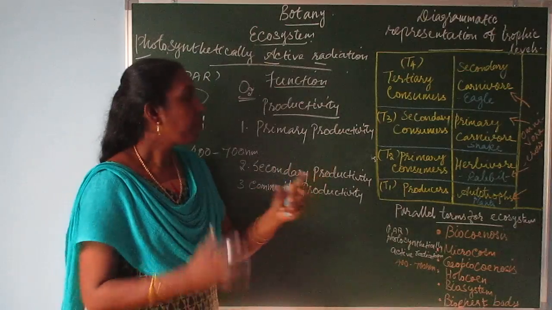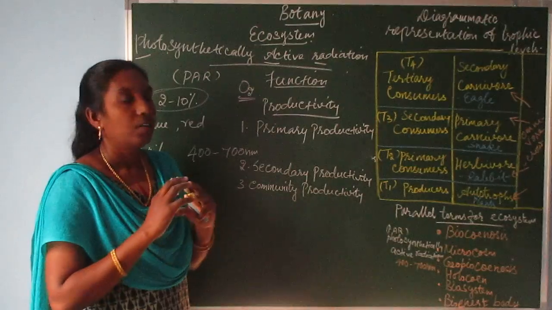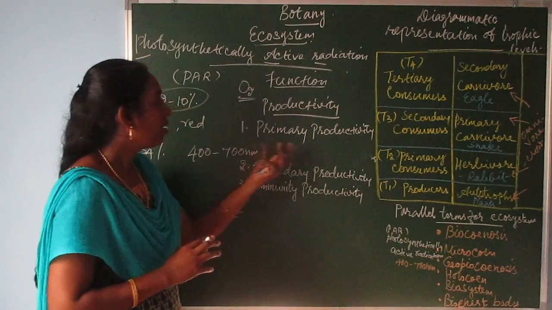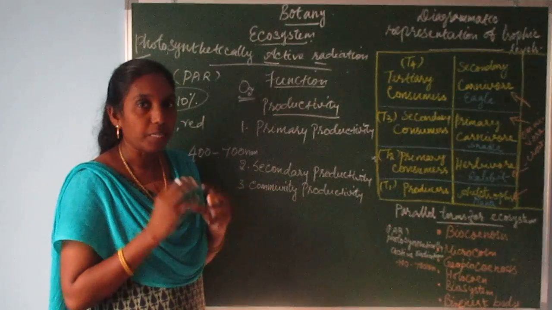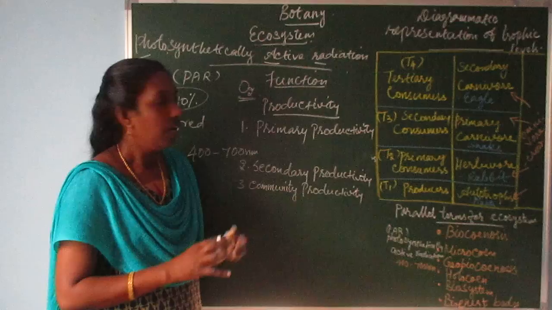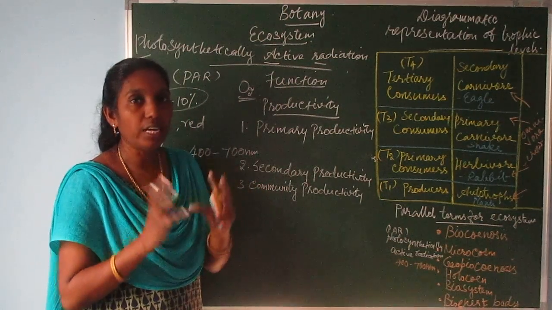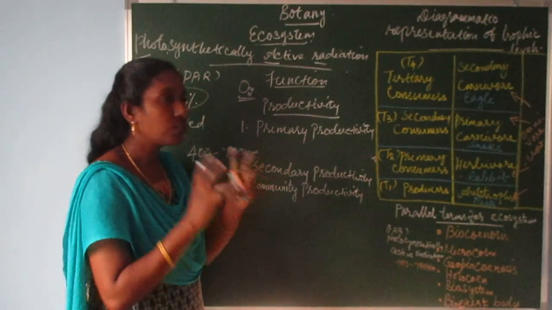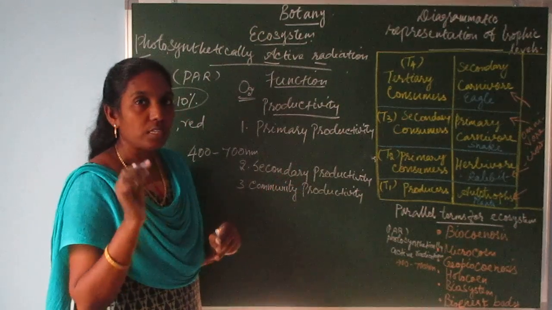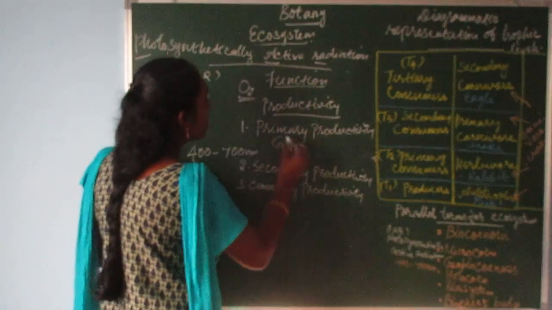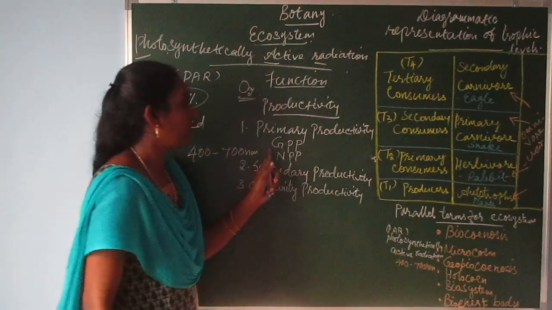What is meant by primary productivity? Primary productivity is the gross amount of energy, biomass, in which the green plants, the autotrophs, play an important role, manufacturing the food energy. It includes two different types: gross primary productivity and net primary productivity.